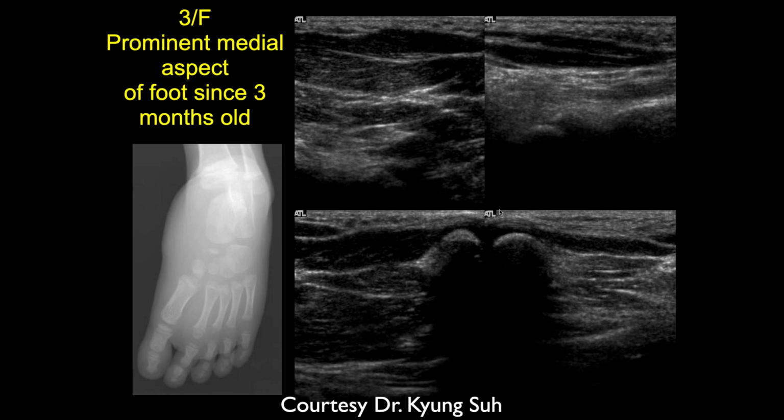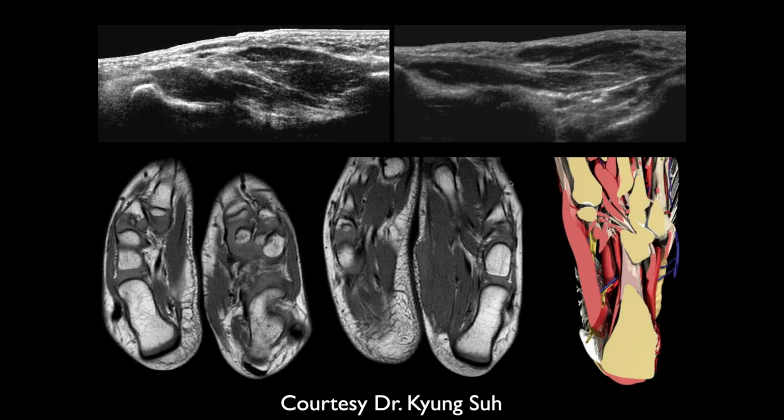All right, so this is a 3-year-old female with prominent medial aspect of the foot since 3 months old. And there is some soft tissue prominence there on the radiographs. The bones look all right. And then we have some ultrasound images, I think, of the medial foot, as well as an MRI.